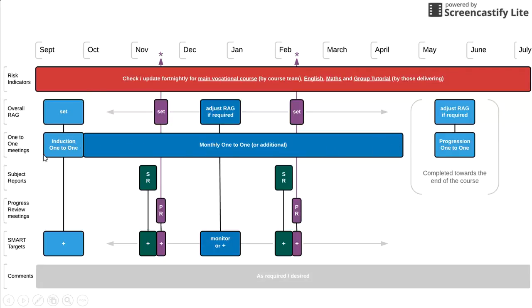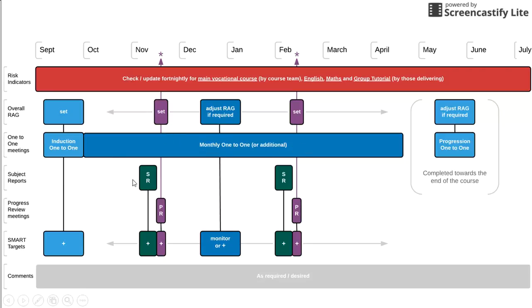Within these one-to-one meetings, you then have the opportunity to set an overall RAG. So you'll be able to look at the risk indicators for, say, the main program, English and Maths, and then make an assessment within that one-to-one as to what the overall RAG should be. So these one-to-ones continue throughout.